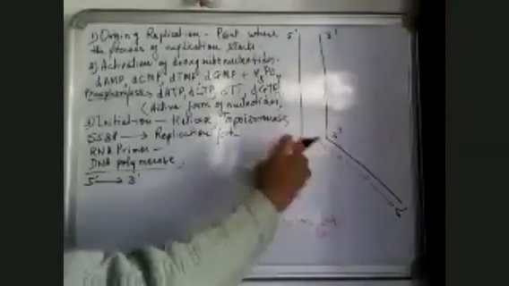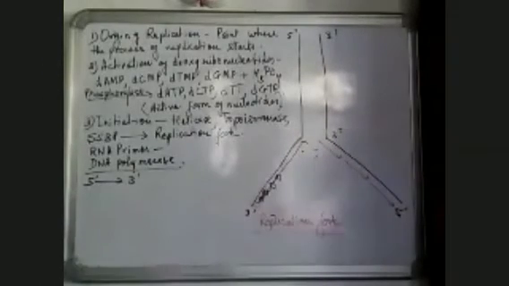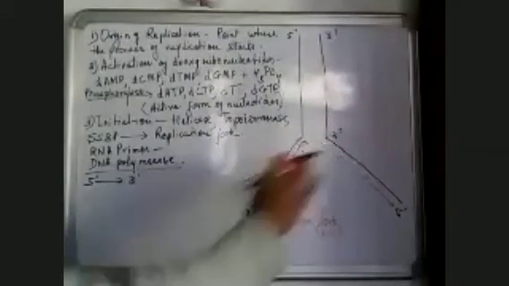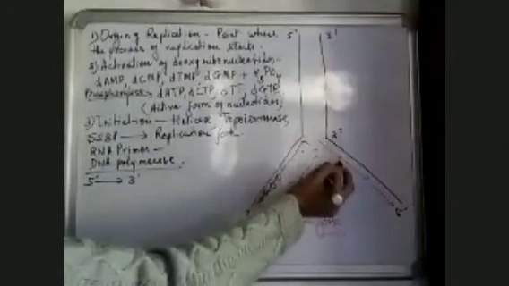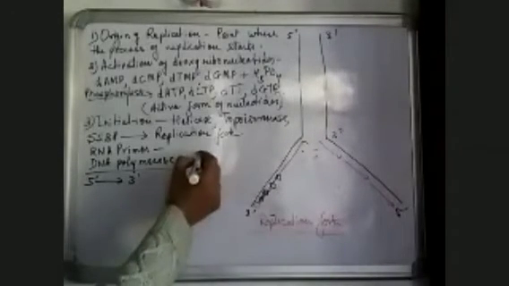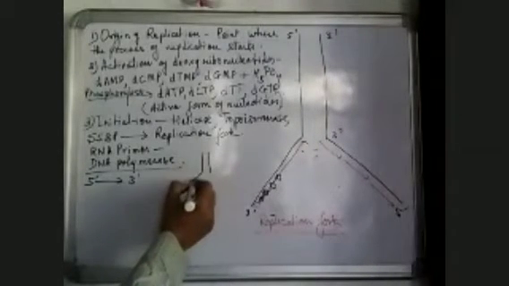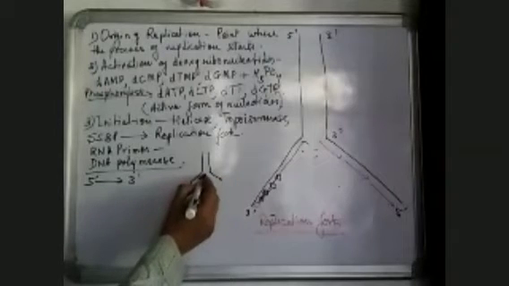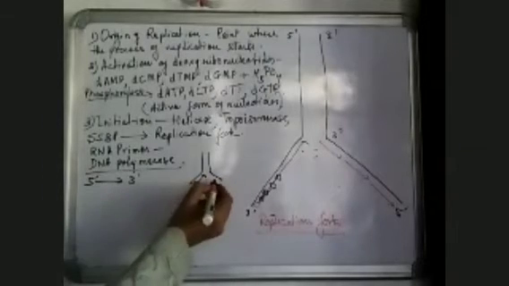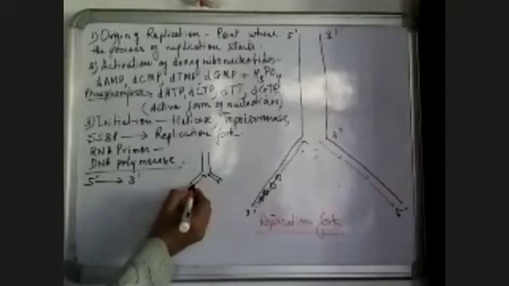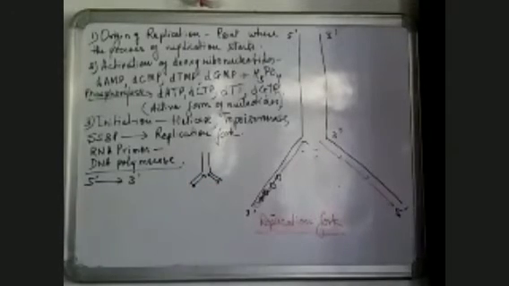So the new strand has to be formed on this side. Now how will it be formed on this side, from this direction to this direction? Now if this DNA opens up a little, from here to here it will be formed in a complete stretch. Now here a new primer is added and it will be formed on this side.